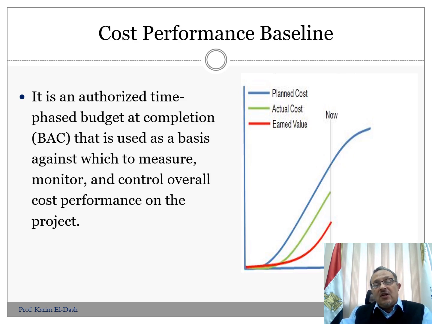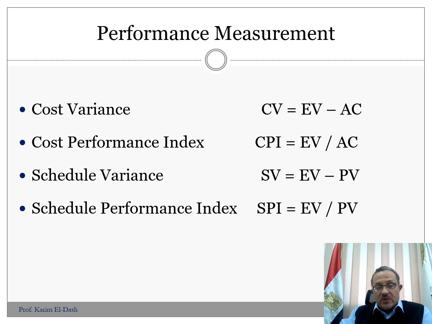The green intersection with the now line is the actual cost we have incurred up to the data date. And the red curve intersection with the now line is the earned value, which is the planned cost of the items and partial items completed up to the data date of the report.